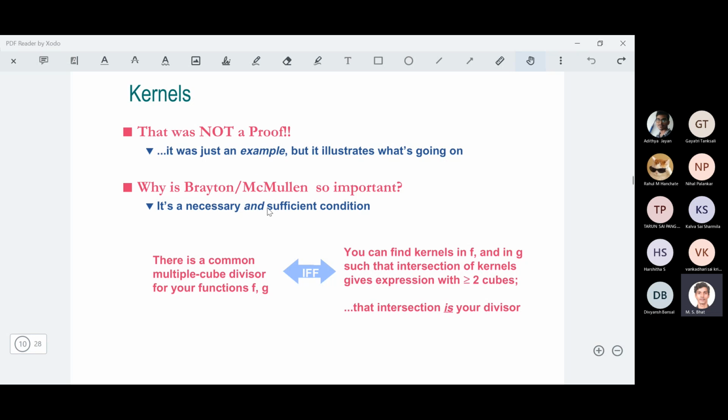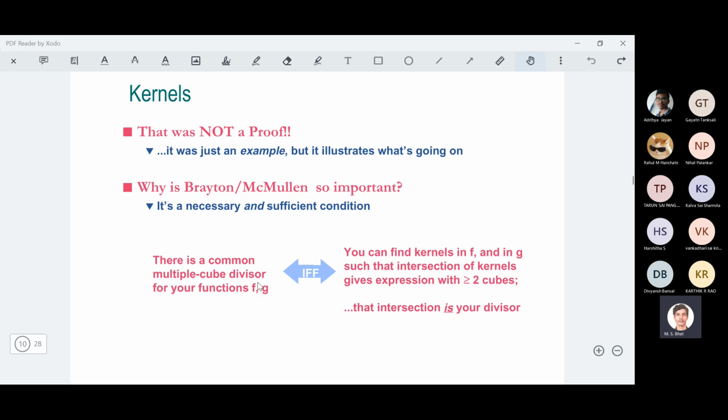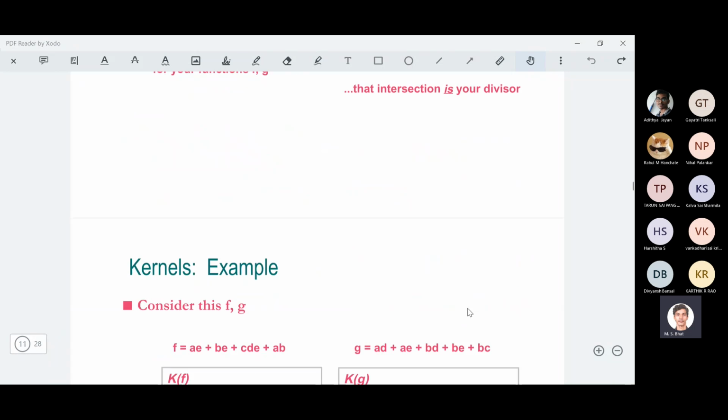The Brayton-McMillan theorem says that there is a common multiple-cube divisor for functions f and g if and only if you can find kernels in f and in g such that the intersection of the kernels gives an expression with more than one cube. That intersection is your divisor.